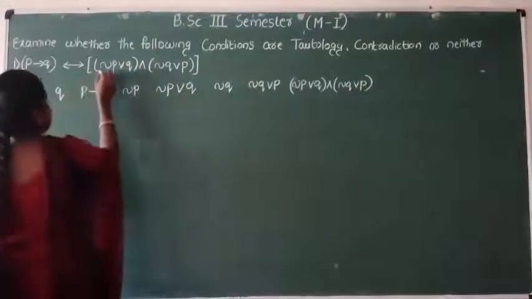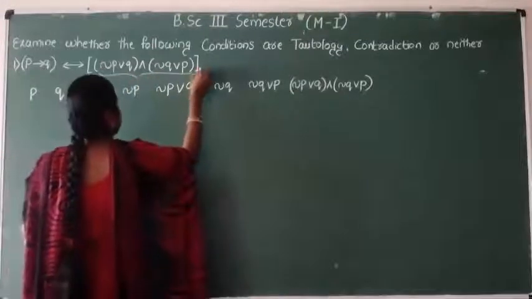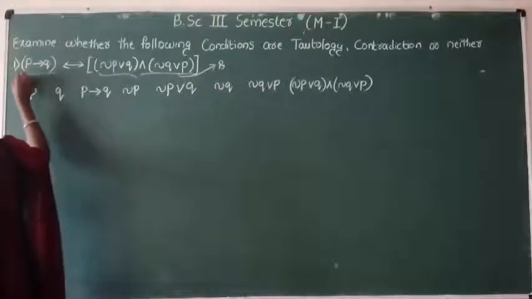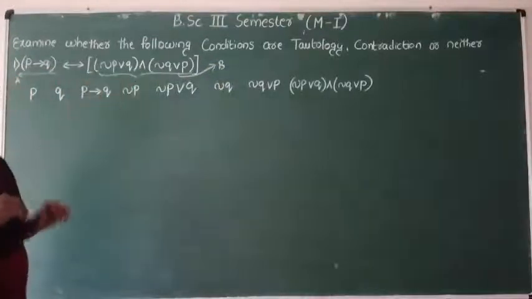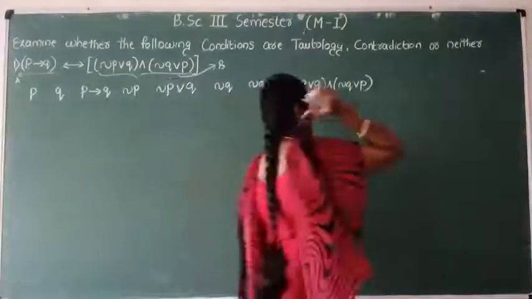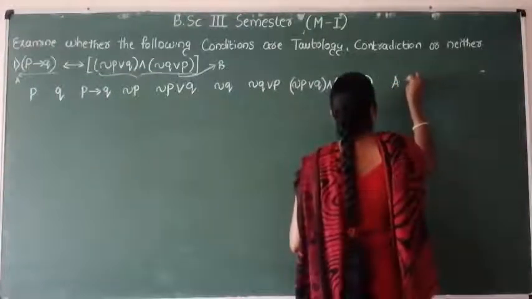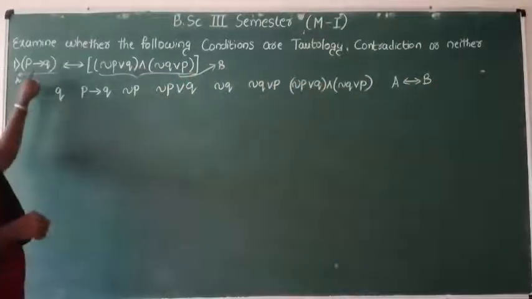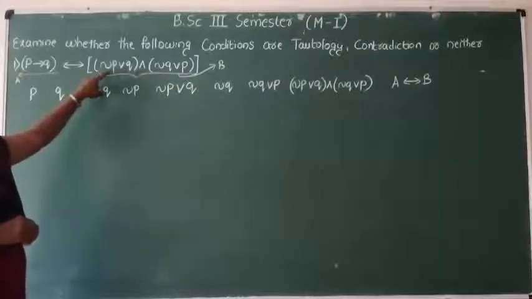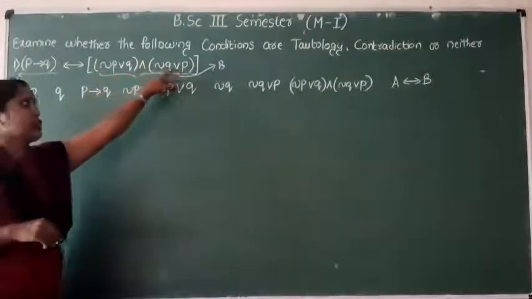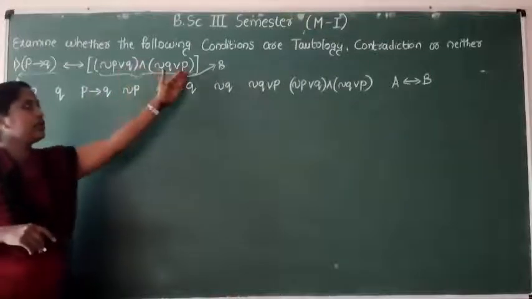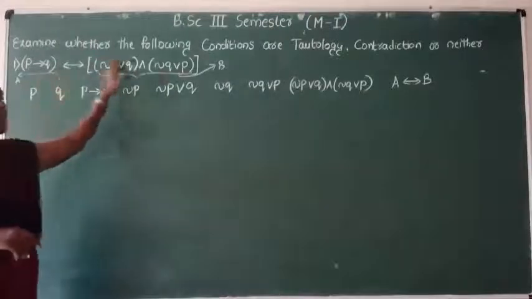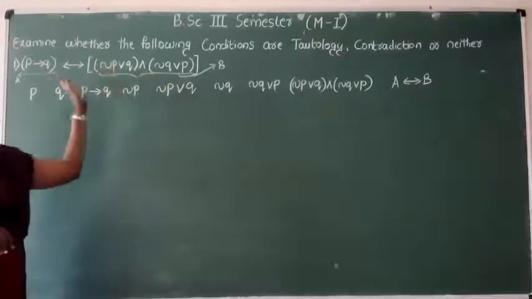So this is the B element, and this one is considered as A and B. So finally we can write it as A by conditional B, because A means P implies Q and B means negation P or Q and negation Q or P. This whole term is B. So the general part is A by conditional B. Either it is tautology or contradiction.